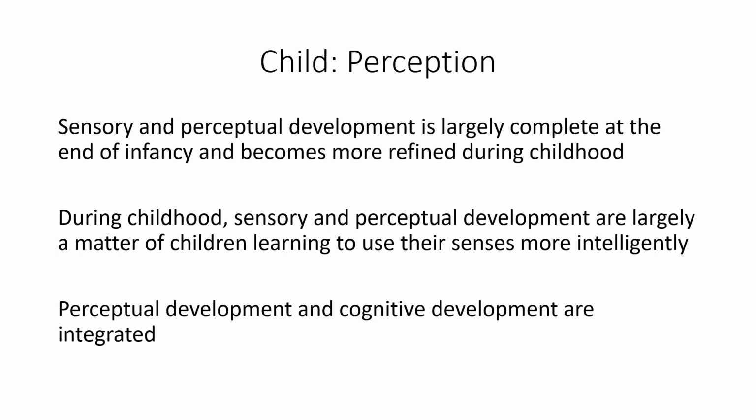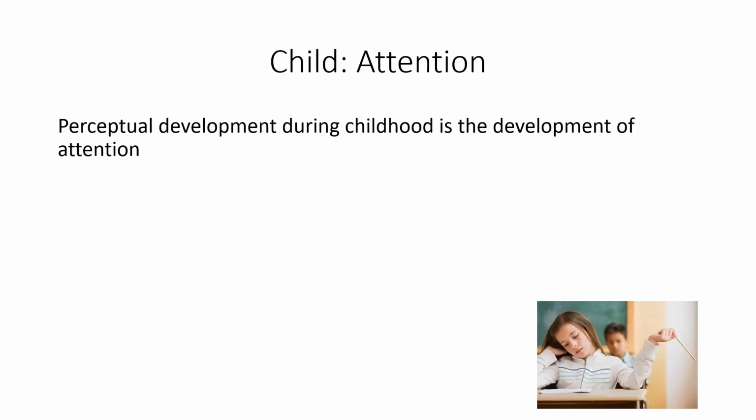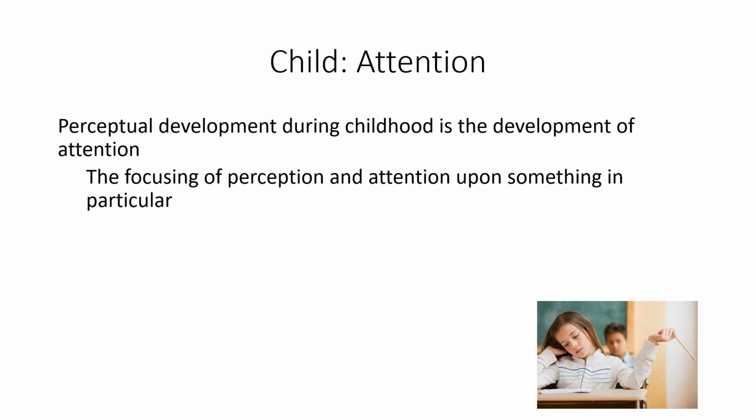And that's why I don't talk about cognitive development here, other than attention. So perceptual and cognitive development during childhood really is a development of attention. What do I mean by that? I mean the focusing of perception and attention on something in particular is what allows for the development of cognition and perception.